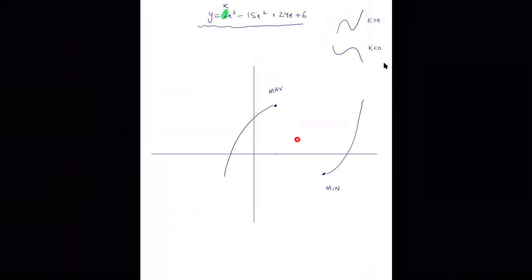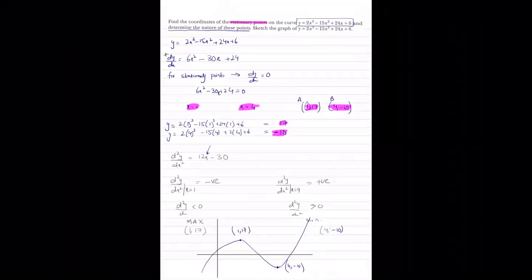And between the maximum and minimum point, the curve should fall down to the minimum point, right? Something like this. That is going to be the sketch. Are we clear till here? Yes. You can then just mark the maximum and the minimum point on the diagram.